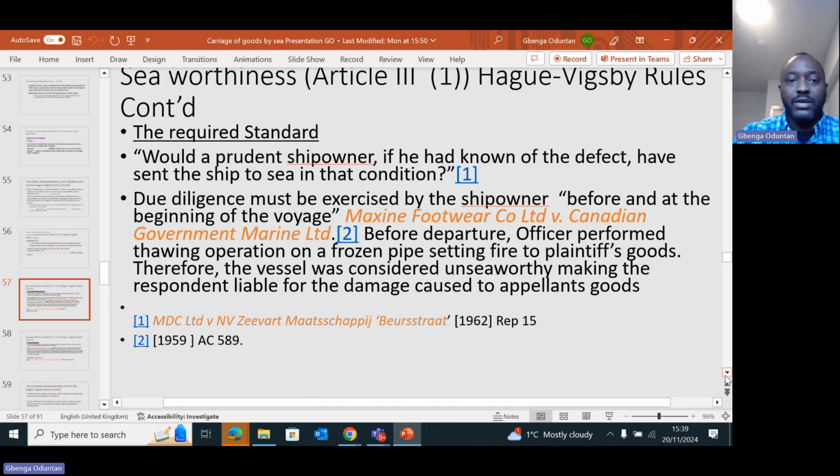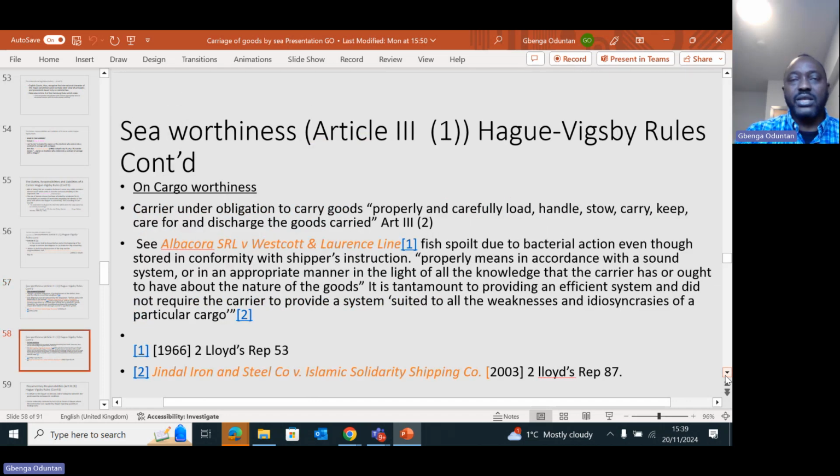So, for instance, cargo worthiness: whether the ship can carry the precise cargo safely, whether the cargo was stored in the right way on the ship, are all aspects of seaworthiness, unless there is an exception, such as in the bizarre case of Albacora v Westcoast, where the fish spoiled, not due to any fault, but because of an unusual bacterial action in the fish stored on board.